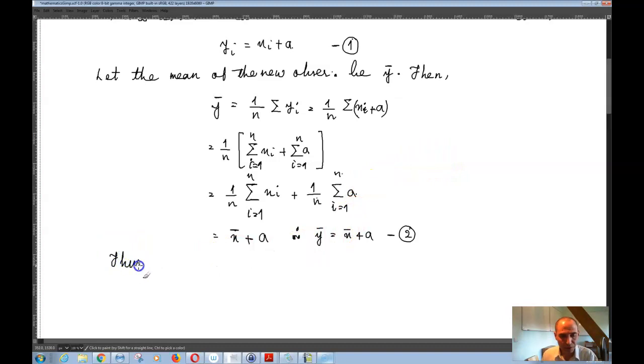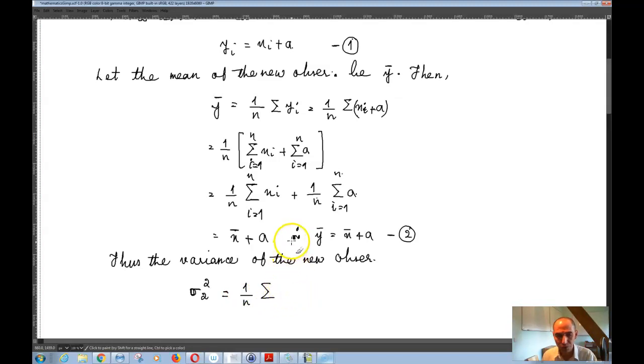So thus the variance of the new observations would be sigma 2 squared, which is equal to 1 over n times sigma of (y of i minus y bar) whole squared as i goes from 1 to n.